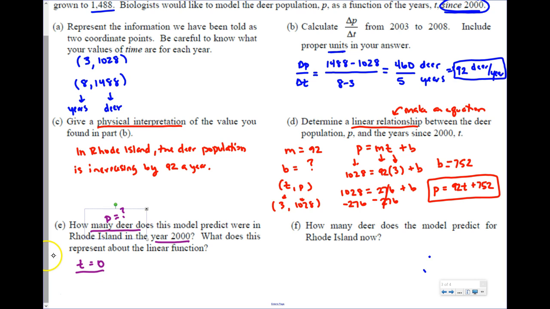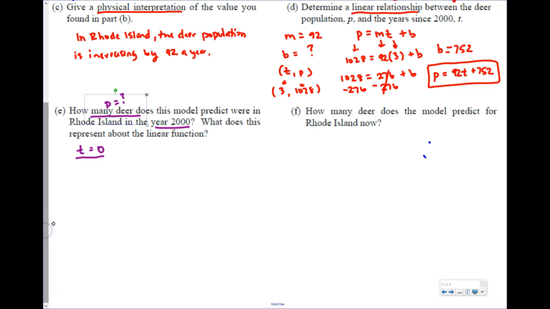We just have to plug those numbers in and get our answer. So I have my equation, p equals 92t plus 752. I don't know what p is, so I'm going to leave it a variable, but I know that t is 0, so I'm going to plug it in for t. Now I solve. 92 times 0 is 0, so I get that the population was 752.